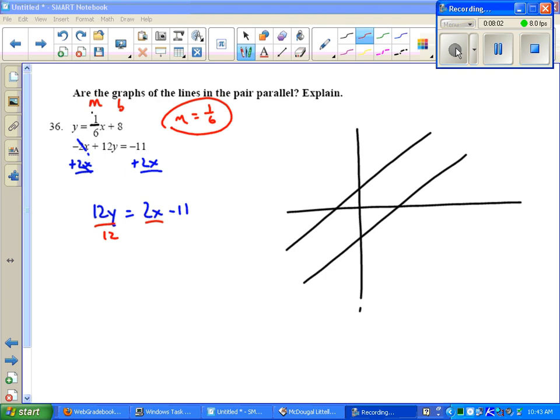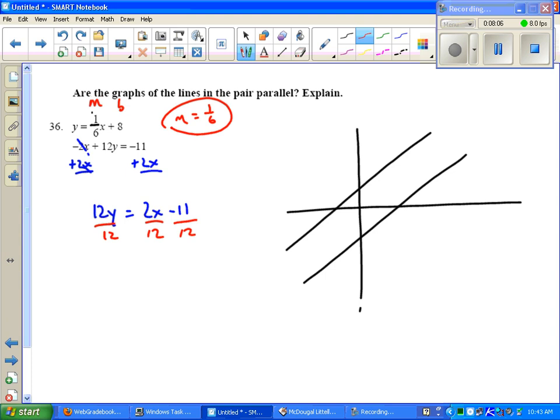You need to divide by 12 on the right. Divide every term by 12. This will cancel out and leave you with just y equals. The number 2 goes into both 2 and 12. It goes into 2 one time, and it goes into 12 6 times, and then negative 11 over 12.